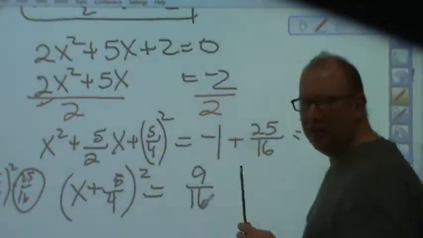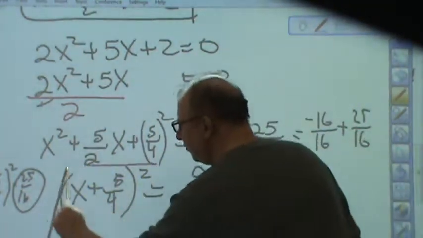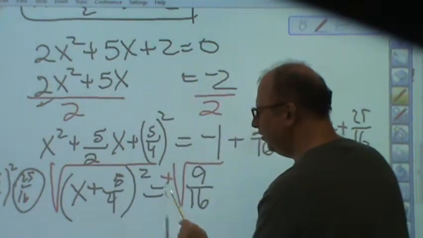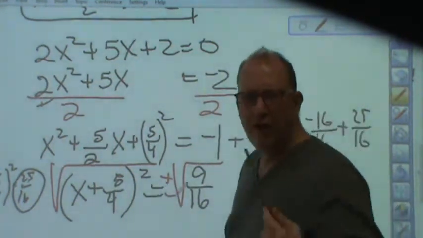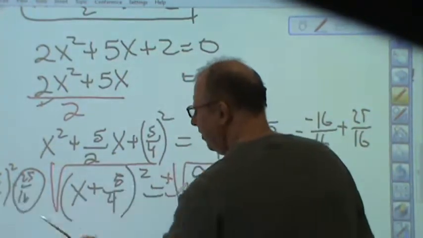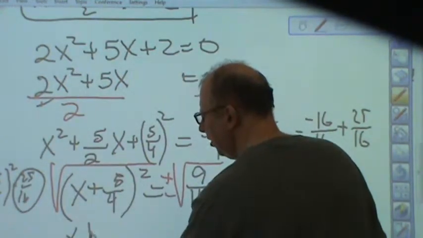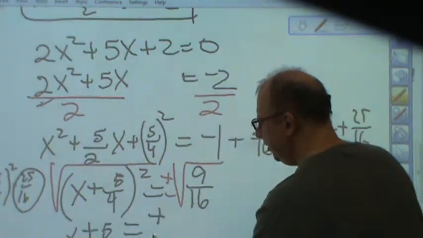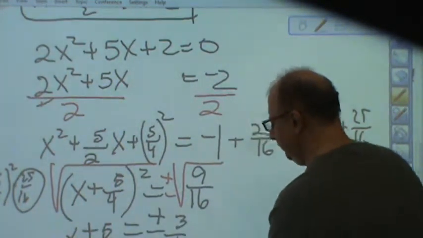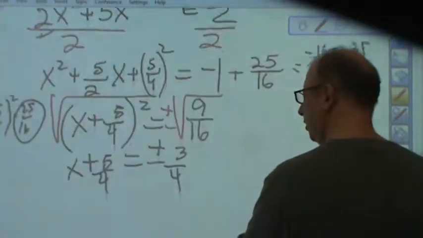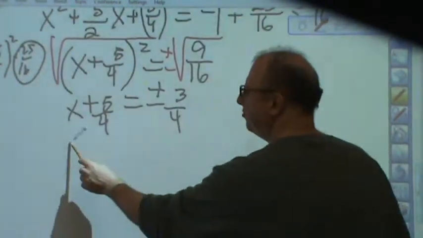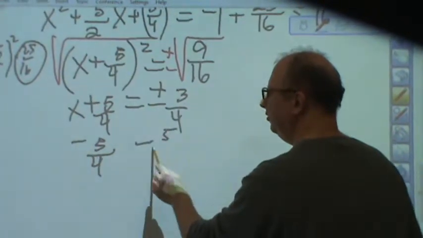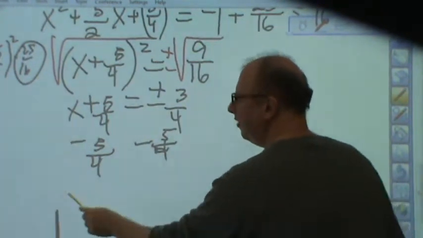Once again, like I did last time, I will now take the square root on both sides of the equation, because whatever you do on one side, you have to do to the other. And then we're going to go x plus 5 over 4 is equal to plus or minus 3 over 4. And we're going to subtract 5 over 4 on both sides of the equation. And let's look at what we're left with.